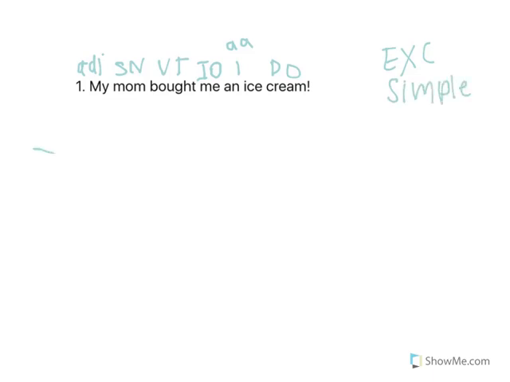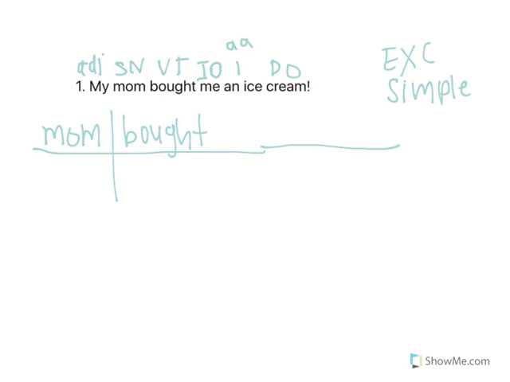We're going to diagram it. So our subject, mom, and our verb, bought, and then we have our direct object because mom bought ice cream. Now the word my is modifying mom.